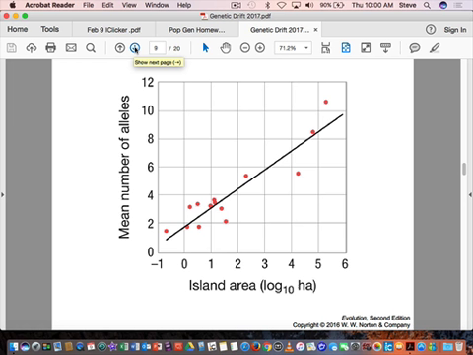Smaller islands have lower genetic diversity. Larger islands have greater genetic diversity. This doesn't necessarily mean that drift isn't occurring here, but drift is much more pronounced. The loss of genetic variation in really small populations is much more pronounced on these smaller islands. So a lot of these Galapagos lizard island populations on these really small remnant islands have extremely limited genetic variability.